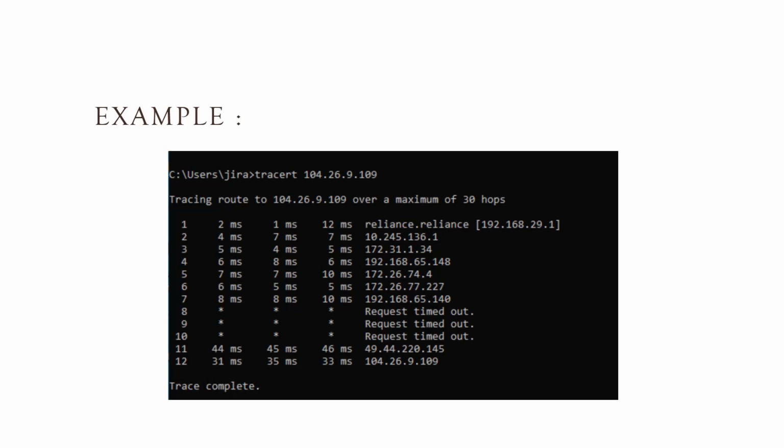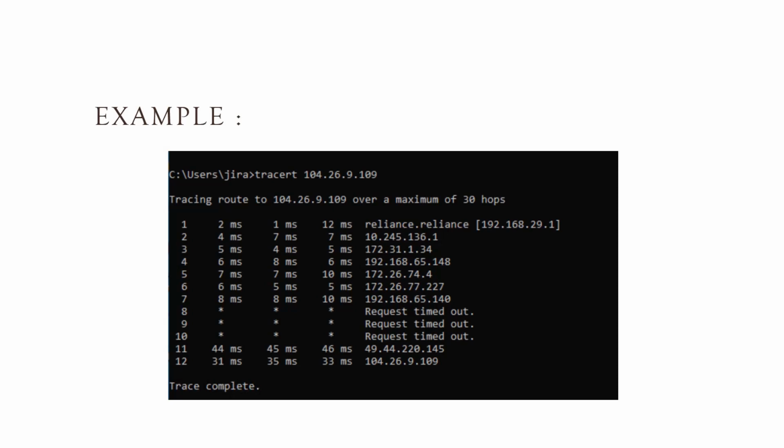In the second row, similarly, TTL value 2 expires on the second router. So we got the IP address of the second router as well as three timestamps, I mean the latency it takes for the round trip from the source to that second router. These three columns are used to identify the time it takes.